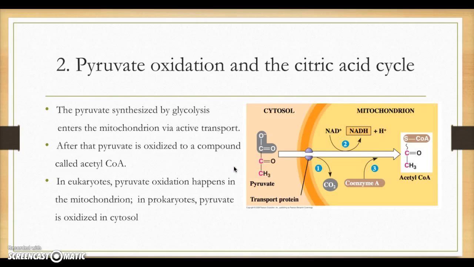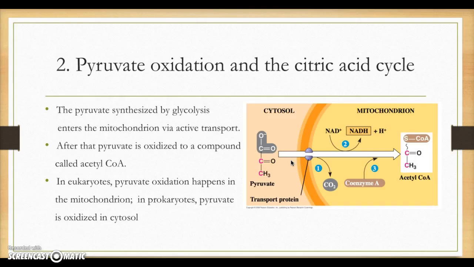And the second stage of respiration is pyruvate oxidation and the citric acid cycle. The pyruvate synthesized by glycolysis enters the mitochondria via active transport. This is because the pyruvate is a charged ion, so it must need a transport protein to enter the mitochondria.